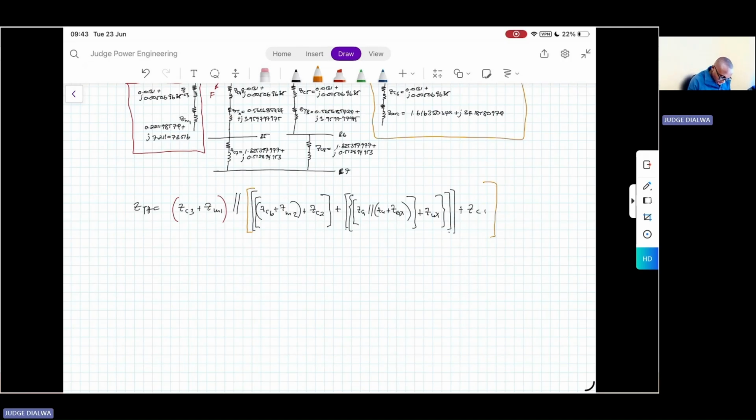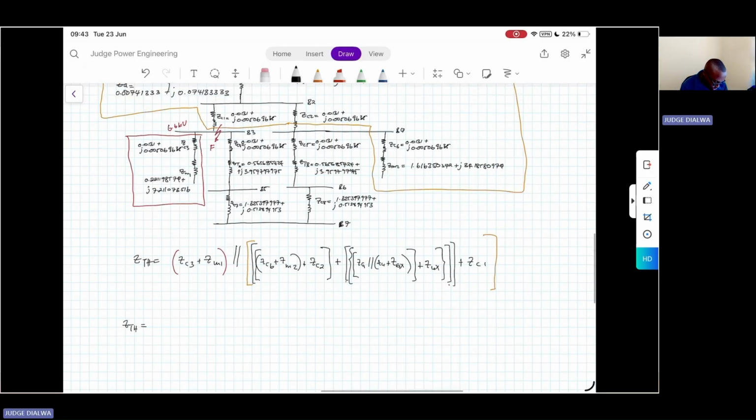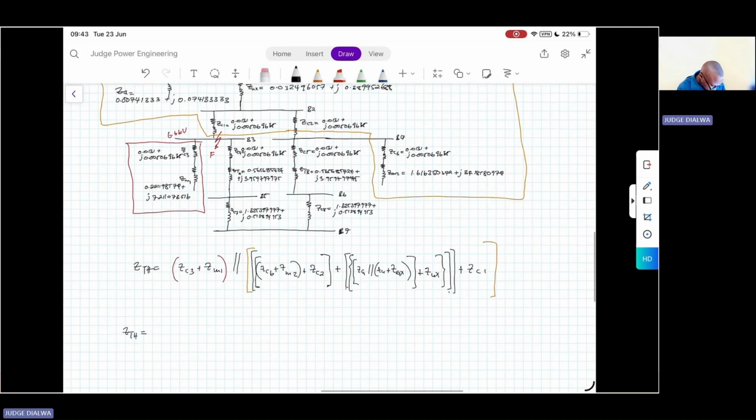There are a lot of brackets, so we just need to be very careful with how we use them. Just a second to confirm everything again. We have the series combination of cable 6 and motor number 2, which is our condensate pump, and that is in series with cable 2. That entire network is parallel with the rest of everything, like I said.